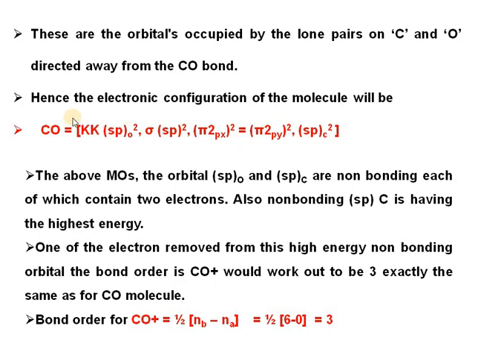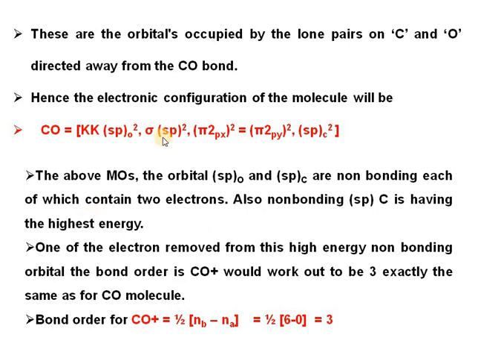From these molecular orbital diagrams, the orbitals of sp oxygen and sp carbon, these are sp oxygen and sp carbon, will have the non-bonding electrons, each having 2 electrons which are non-bonding.